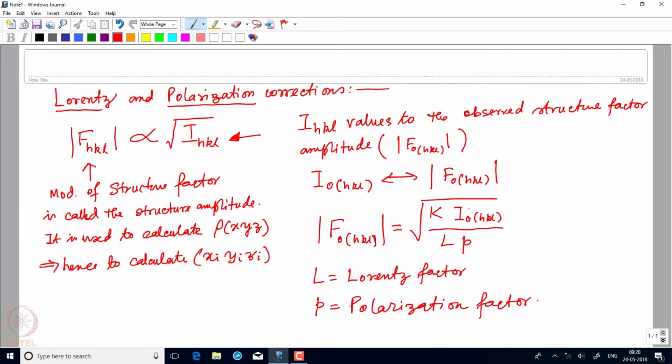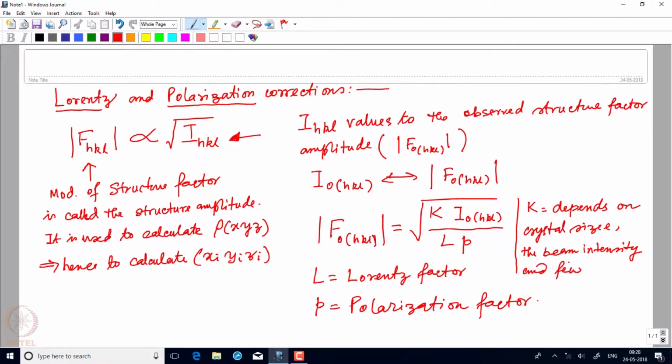Well, this constant K depends on the crystal size, the beam intensity, and few fundamental constants.